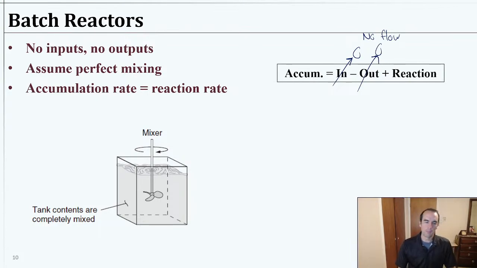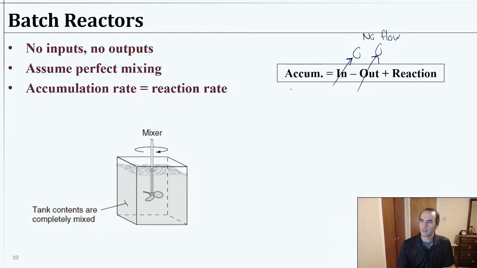We're going to assume that a batch reactor is perfectly mixed. That's pretty typical. I guess you can make a non-ideal reactor and have a not mixed system if you wanted to, but for an ideal reactor, we're going to have complete mixing here.